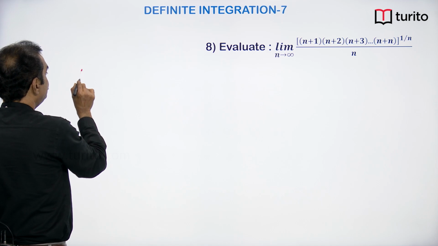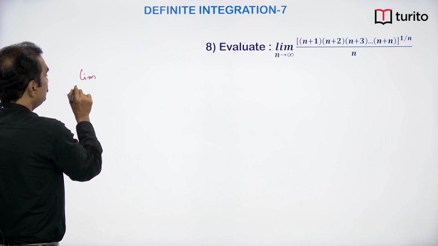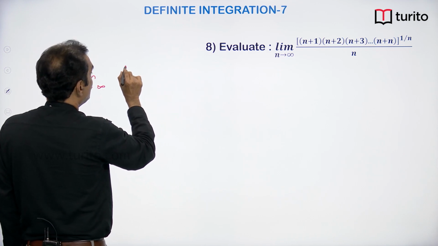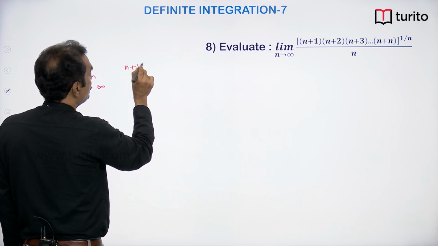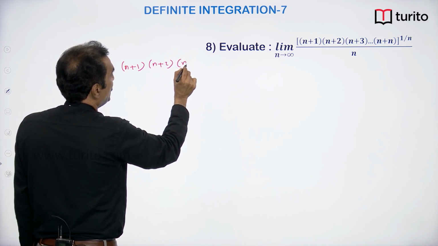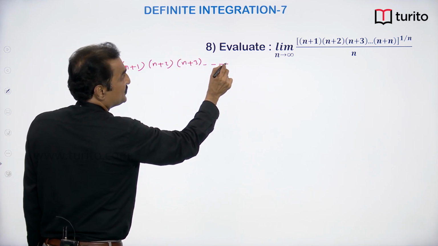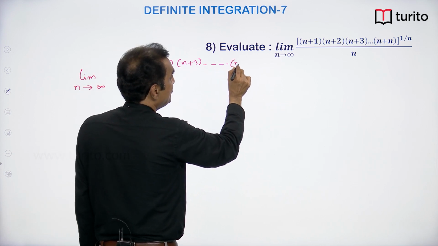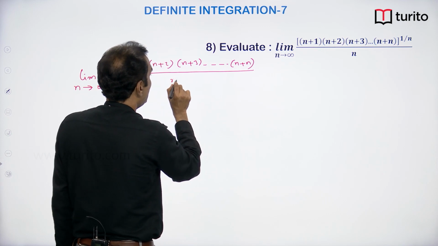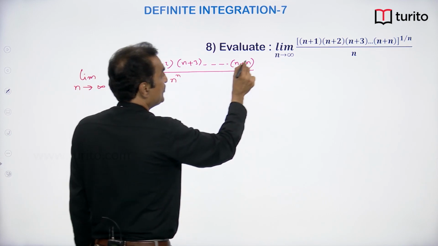You can write that product as n plus 1 into n plus 2 into n plus 3 and so on, n plus n, by n power n, whole power 1 by n.